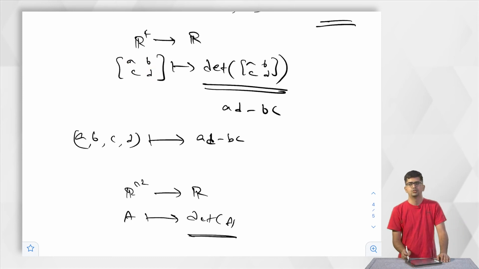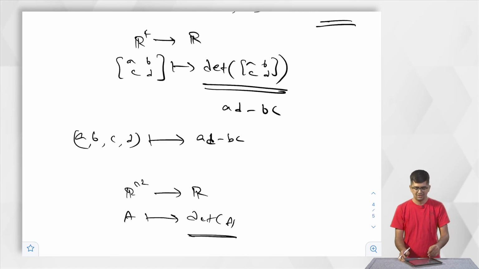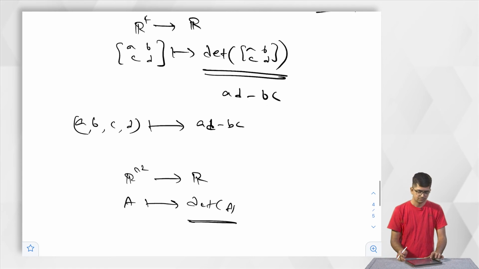So trace is a continuous function, and you can search in your linear algebra textbook, take all the maps and check how many of them are continuous functions. That is an interesting exercise for you to think about.